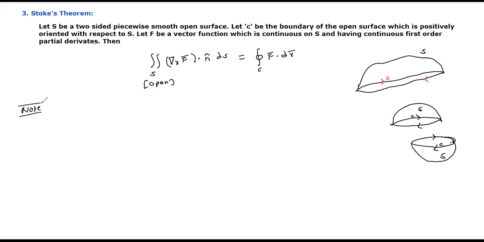Let us find curl f bar. What is f bar actually? F bar is f1 i bar plus f2 j bar plus f3 k bar. What is curl f bar?